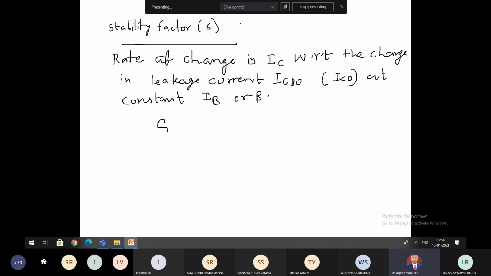So stability factor is equal to the rate of change in IC, dIC, by the rate of change in leakage current, dICO, at constant IB or beta.